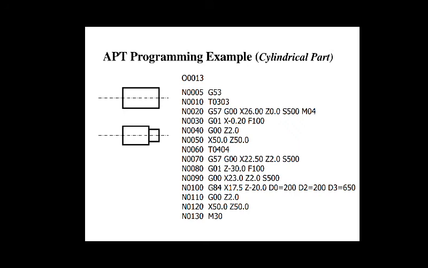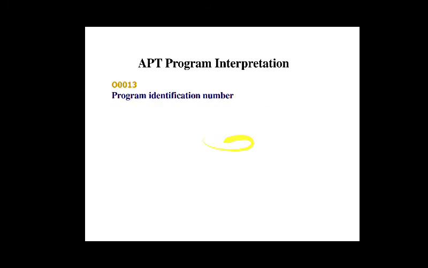This is N0030. Now if you see N004, we have seen the tool moves rapidly to Z2.0, and next is N0050. That means after moving, the tool should go to a safe location, as the first operation, facing, is done. For the next operation the tool should be changed, so it should go to a safe location, X50 Z50, which is a safe location to change the tool.